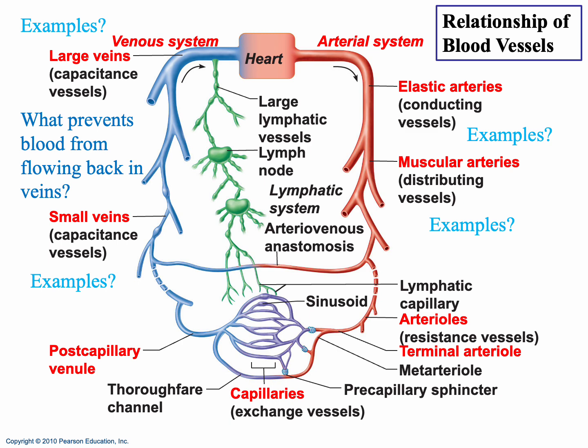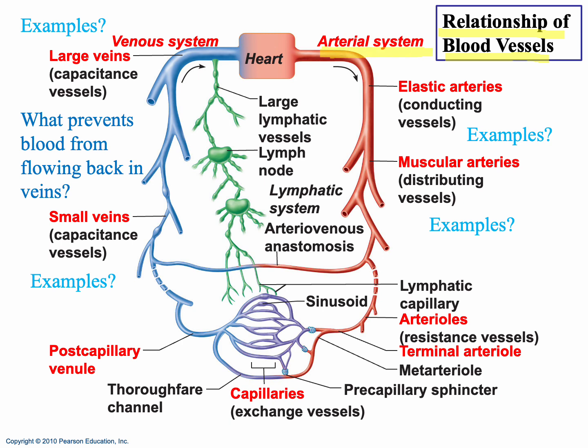All right, so now we're going to look at the relationship of blood vessels, and blood flow through all of circulation. There are many different structures, different blood vessels here. We start by looking at the arterial system.